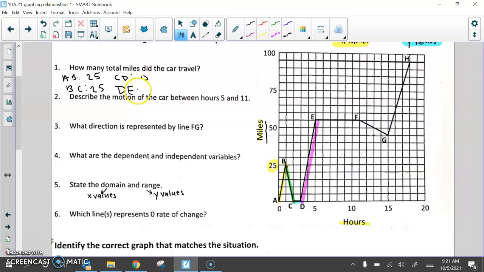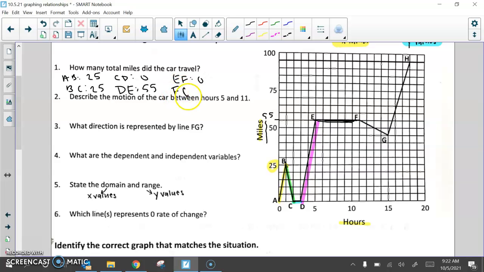DE is the pink line. So that goes from 0 all the way to here, which is at 55. Okay, next we're going E to F. Again, it's not going up or down any. It's just a horizontal line, so it's 0.